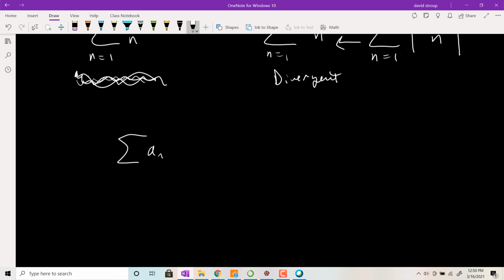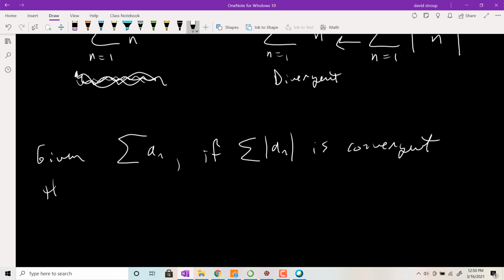If you're given a series, so given the series a sub n, if the series of the absolute values of the terms is convergent, then it's absolutely convergent. And it even implies also that the series of a sub n is convergent.